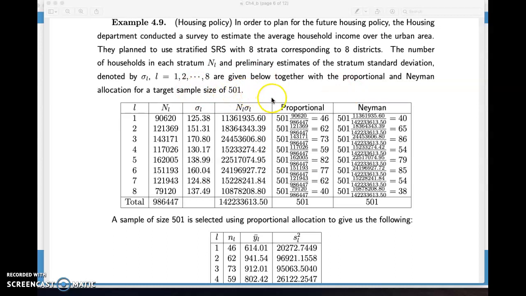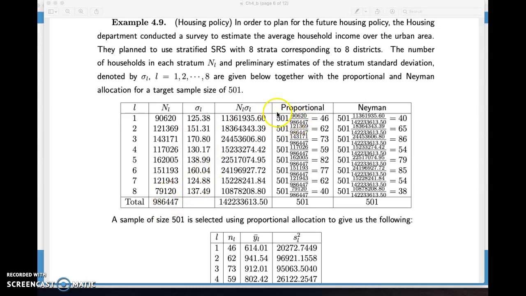We know that the total sample size is 501. If we are just doing the proportional allocations, then we allocate that 501 sample to each of the strata. So 501 multiplied by the population of stratum 1 out of the total population.